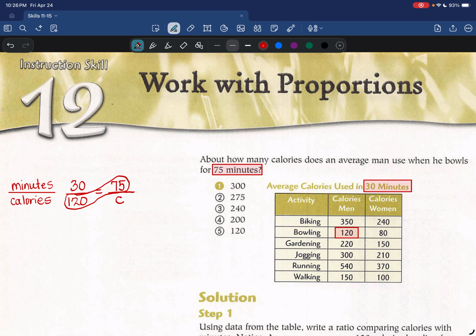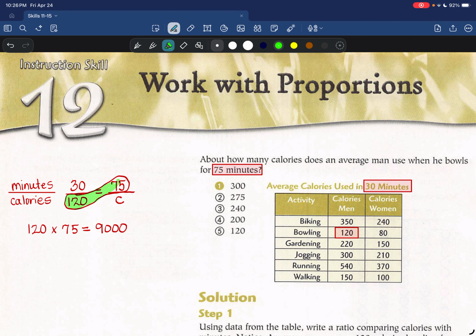Okay, 120, 75, and those get multiplied. And I'm going to use my calculator here. 120 times 75 is 9,000. So all I've done is multiply the peanut.